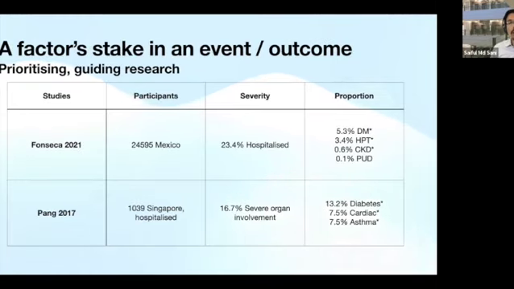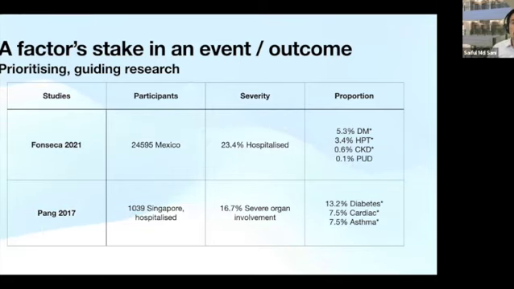Now, what I've presented so far is how a factor, a comorbid, would modify the outcome of the illness. What I also like to highlight here is how in a certain subset of patients, for example, in Fonseca 2021, the Mexican study of 24,000 patients with dengue fever, 23.4% were hospitalized.